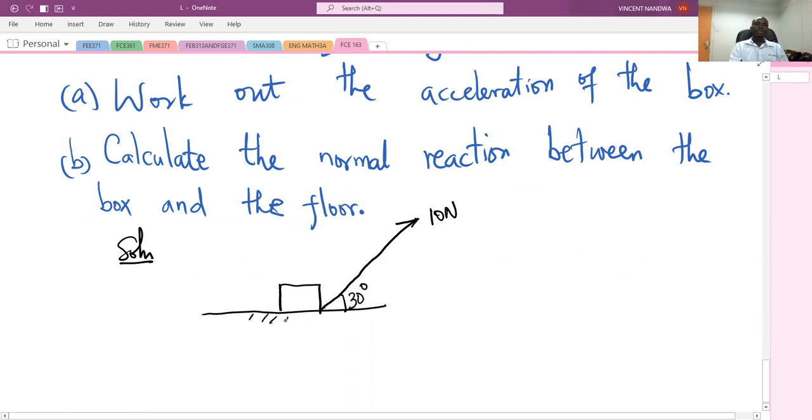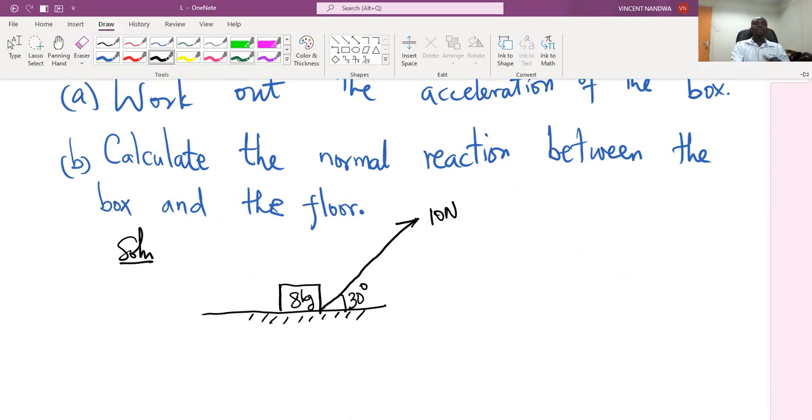This is the horizontal. And the mass of this box is 8 kilograms.